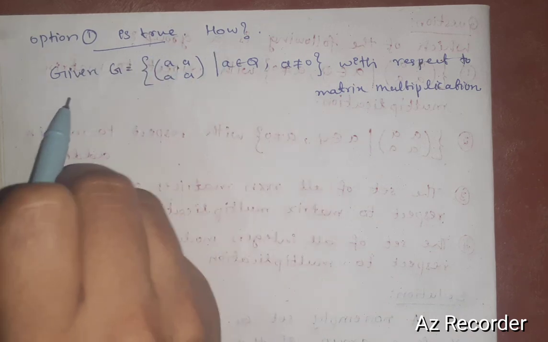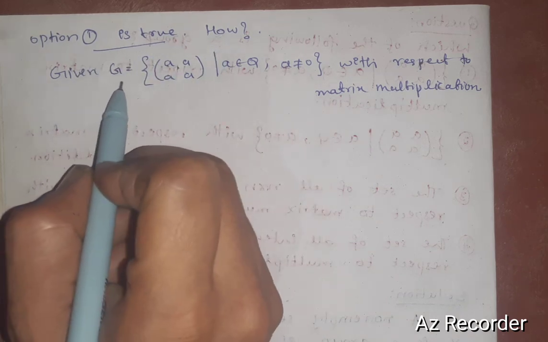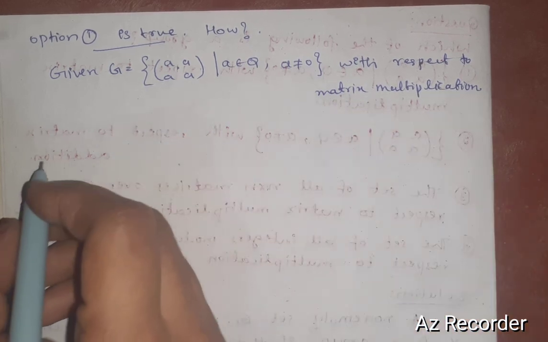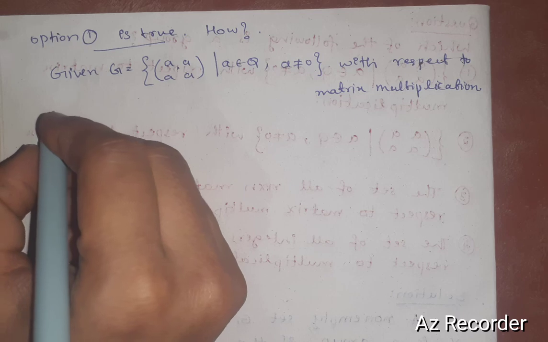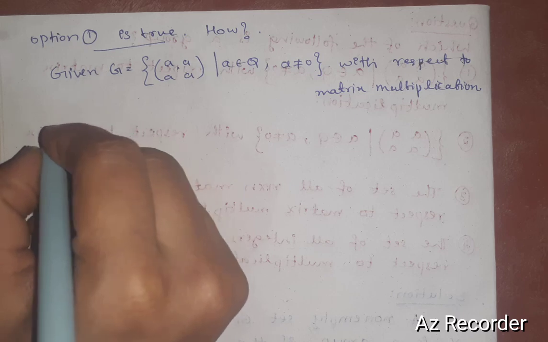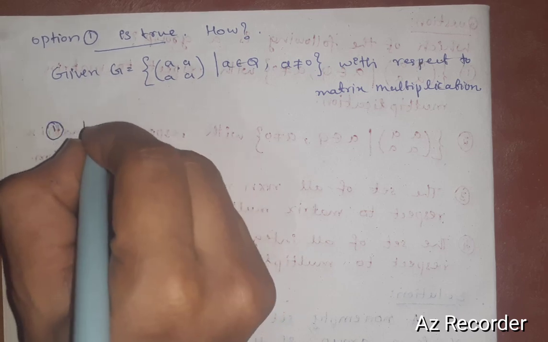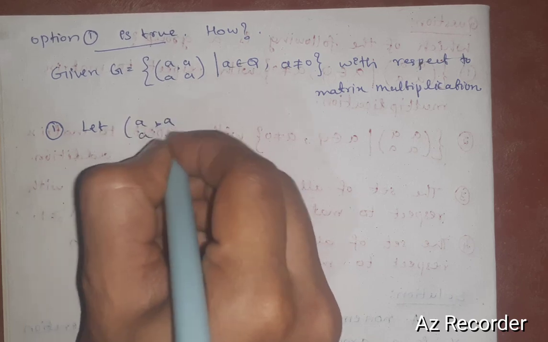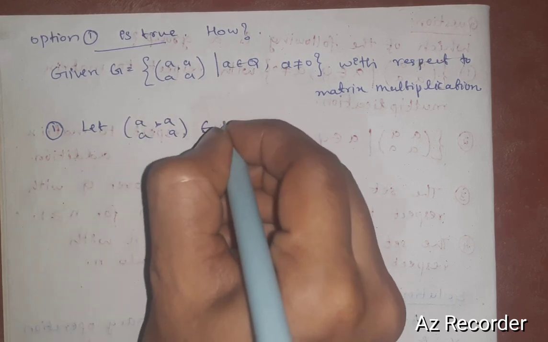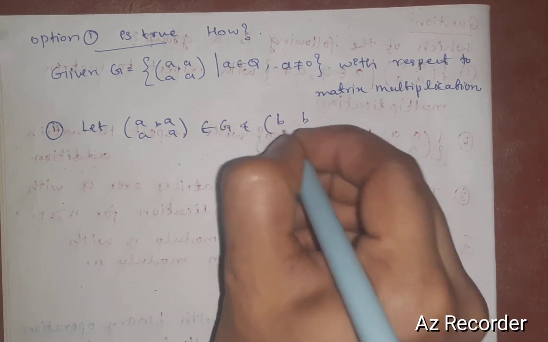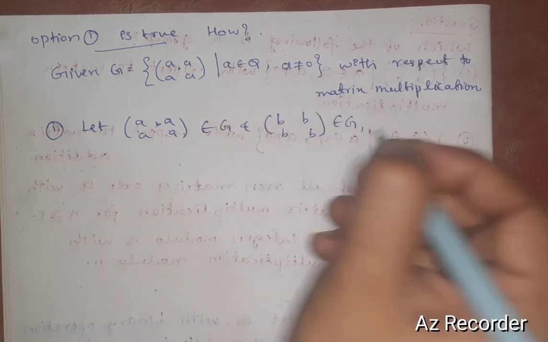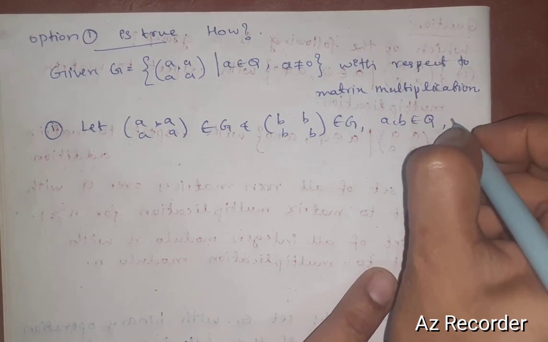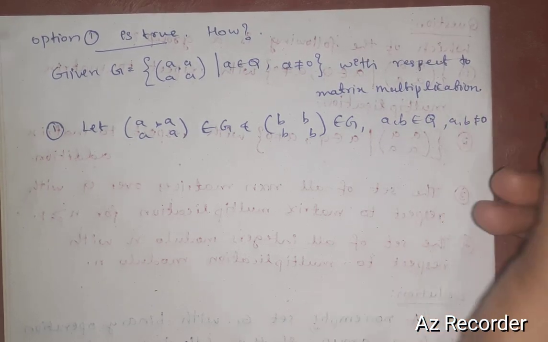How? Let us verify that the given set G with respect to matrix multiplication is a group. So for option 1, what is the first property? Closure property. Let any two elements A belong to G and B belong to G, where a and b both belong to Q and are not equal to 0.